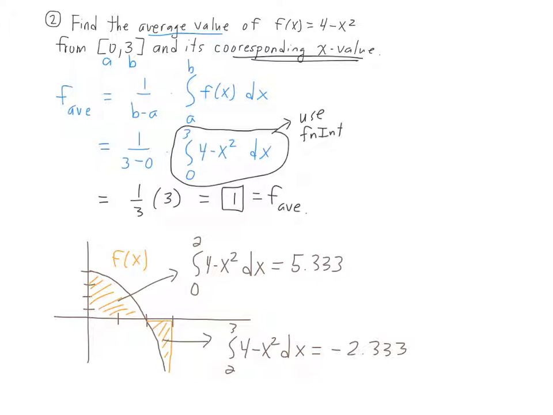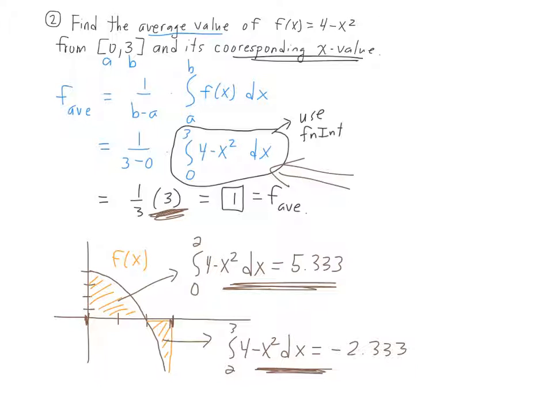Notice that if you were to combine these two, the 0 to 2 plus the 2 to 3 would give us the total from 0 all the way to 3. If we combine those, the 5.33 minus the 2.33 would give us exactly 3, which is what we said right here. Okay, so we already know that.